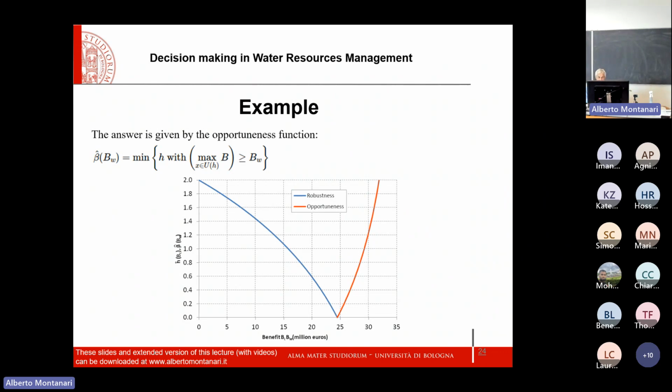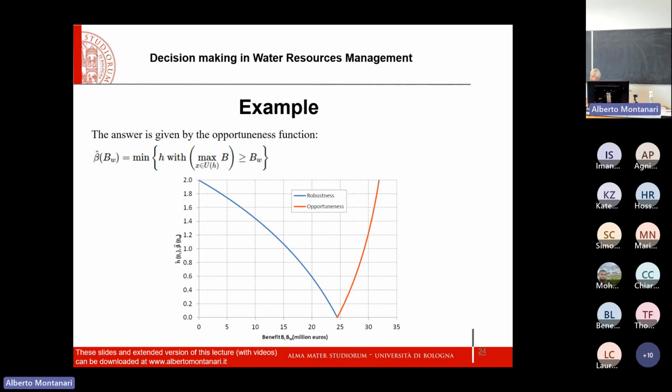So I see from the blue curve that the max level of H that I can tolerate, H hat, is 0.6, which means that the relative error in the water resources prediction shouldn't be larger than 0.6. And then in correspondence of H 0.6, which I can tolerate, I look at the opportuneness function. And so what is the max windfall that I can obtain? It's about 27, 28 million euros.